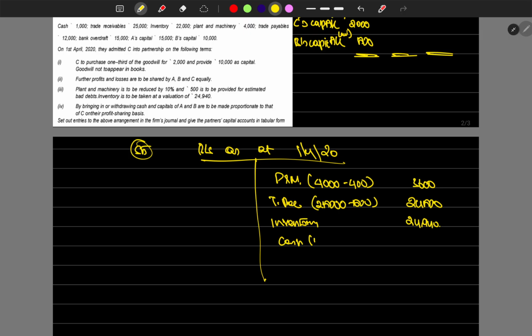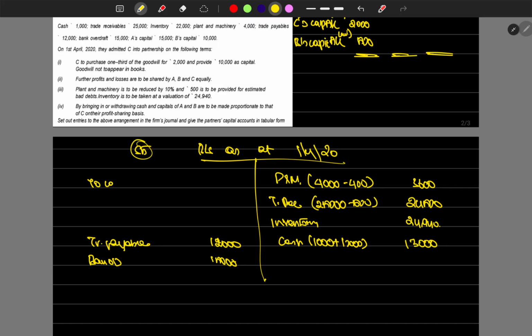Cash has to be increased plus 2,000. 12,000 is the capital plus goodwill brought by the new partner. So 13,000 is the capital. Then what for trade payables? If there are any adjustments in trade payables? No adjustments, so keep it as it is, 12,000. Then bank OD, which is 15,000.